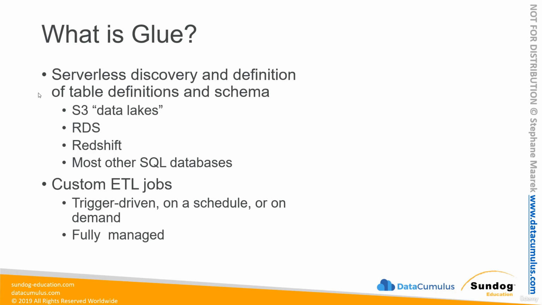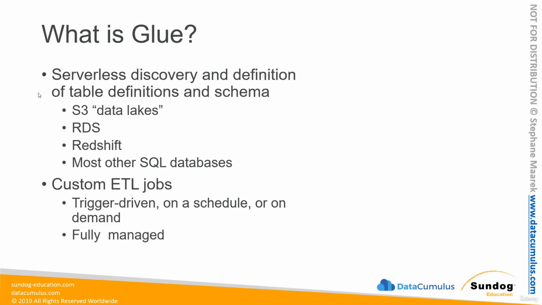So again, the purpose of Glue itself is to extract structure from your unstructured data. If you have data sitting in a data lake in S3, it can provide a schema for that so that you can query it using SQL or SQL-like tools, including RDS and Redshift and Athena and Amazon EMR and pretty much any other SQL database that can use a schema like that. The other thing Glue does is custom ETL jobs. So once it discovers that schema, it can do some processing of it for you.